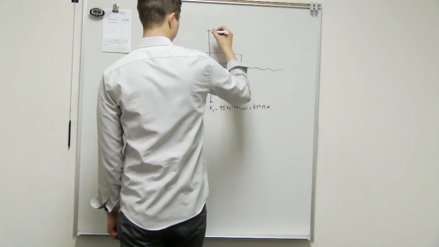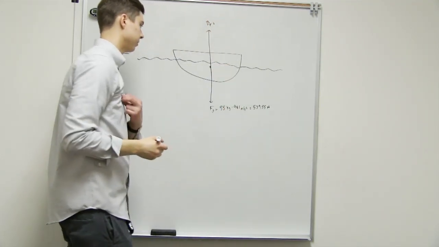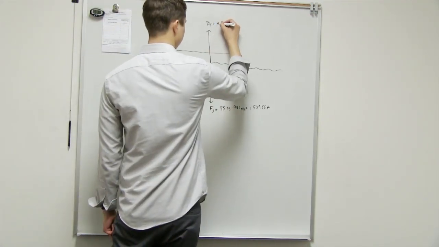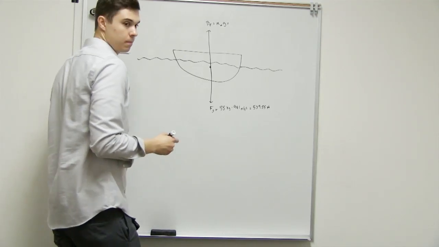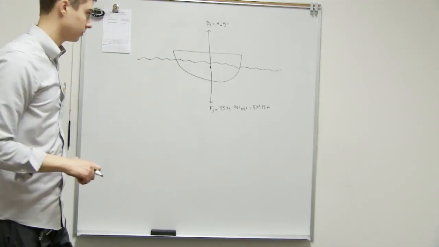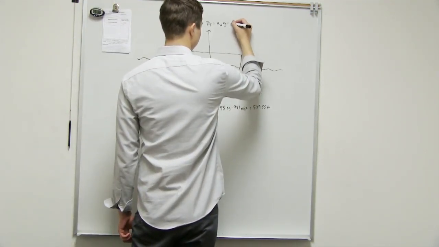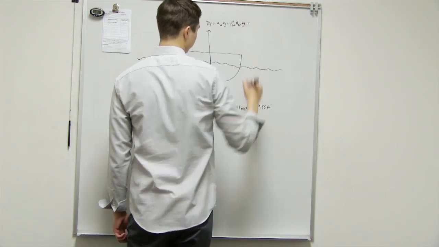Up here we've got the buoyant force, which is going to be equal to the mass of water times gravity. Is this the same thing as density of water times the volume displaced? Good. So we can say density of water times the volume of water times gravity.